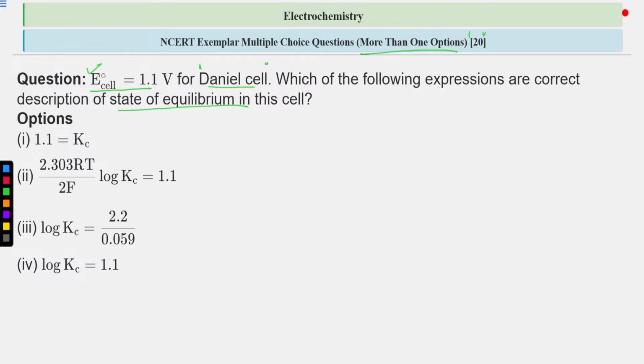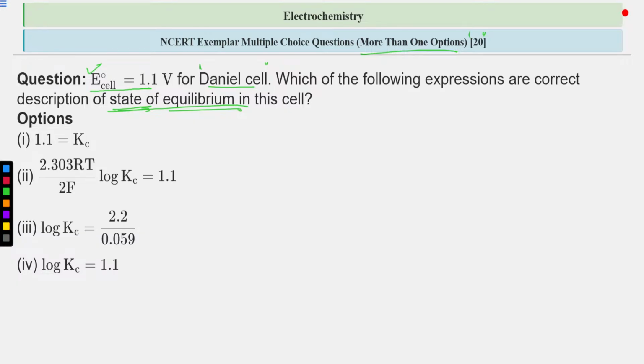We have been given some expressions in the options. You have to tell which expressions are the correct description of the state of equilibrium in this cell. First of all, you have to identify the correct option representing the equilibrium state established in the Daniell cell.